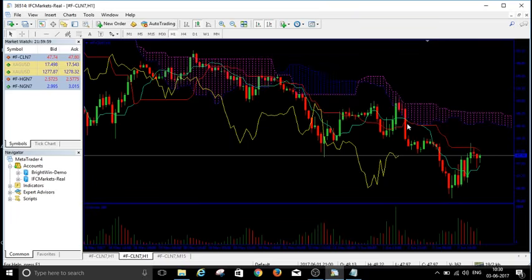So I sold here and booked my profit somewhere near here. But why did I think that it would not be broken? Because I saw that there was a huge volume. There were a lot of buyers at that time because the inventory report by EIA was bullish.